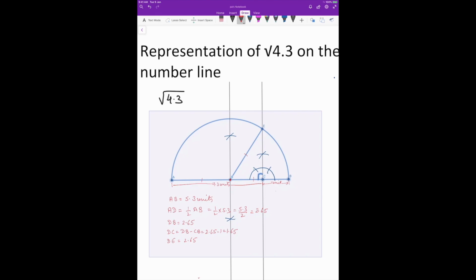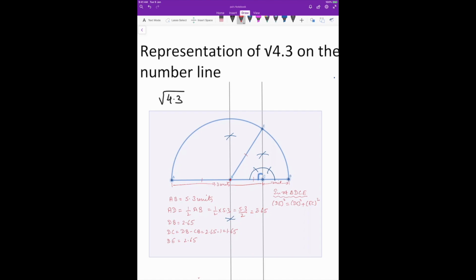Now, in right triangle DCE, by Pythagoras theorem, what do we get? DE square is equal to DC square plus EC square. We know the length of DE, so let's substitute the value.